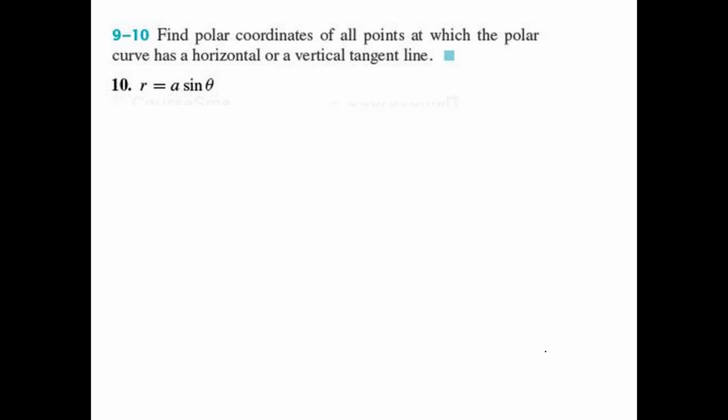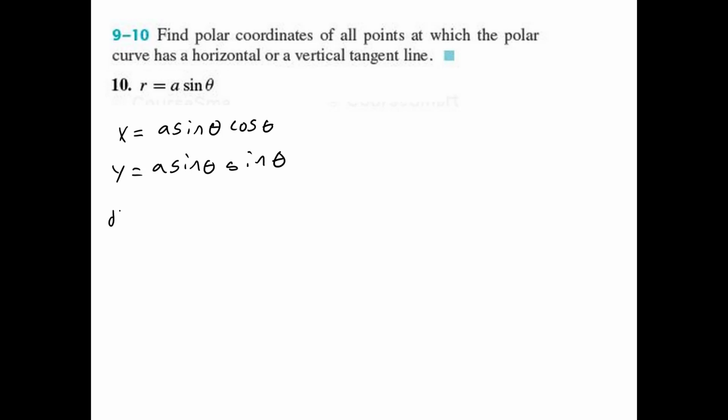Find the polar coordinates of all points at which the polar curve has a horizontal or vertical tangent line. So again, x is equal to r cosine theta, which is a sine theta cosine theta. Y is equal to r sine theta.